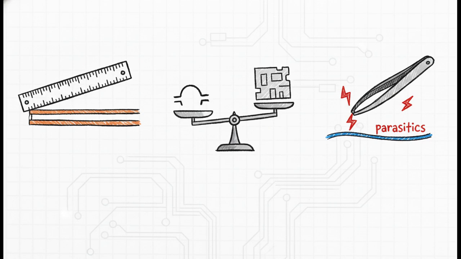Then there's LVS, Layout versus Schematic, which guarantees that the physical maze we just built actually matches the original intended logic. Finally, PEX, or Parasitic Extraction, evaluates the unintended parasitics. That's the electrical friction and resistance that naturally happens when wires get this impossibly microscopic. Only when all of these checks pass is the chip finally ready.